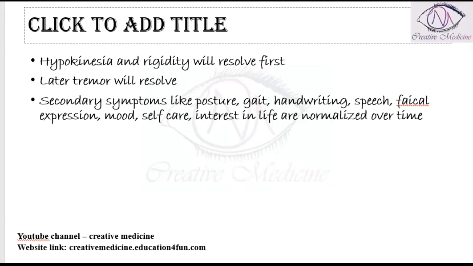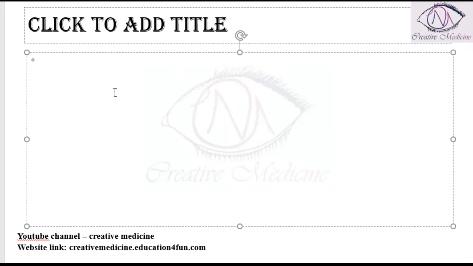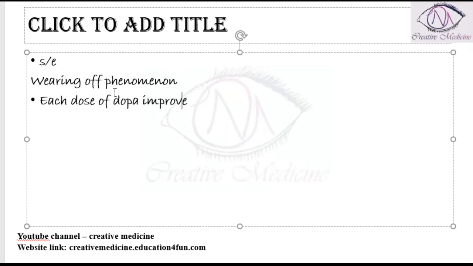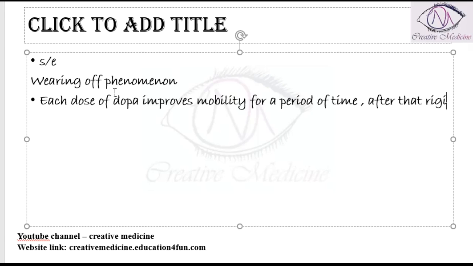On using levodopa, the first problem or side effect of levodopa is the wearing off phenomenon. What is this wearing off phenomenon? In wearing off phenomenon, each dose of dopa improves the mobility only for a period of time, for example 1 to 2 hours, and after that the rigidity and hypokinesia or akinesia will return rapidly.